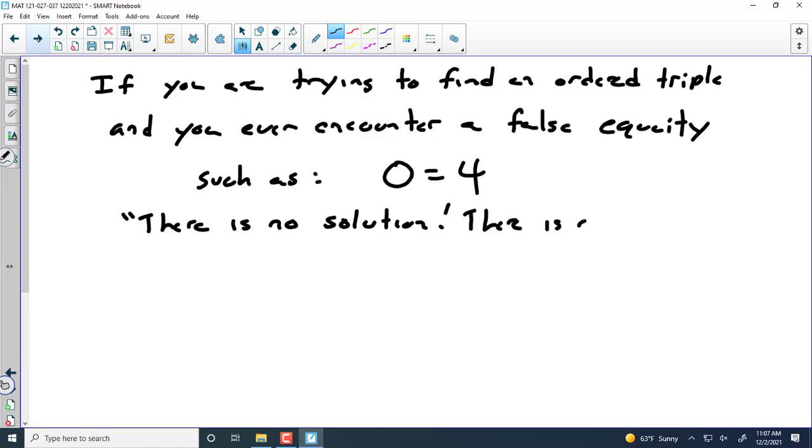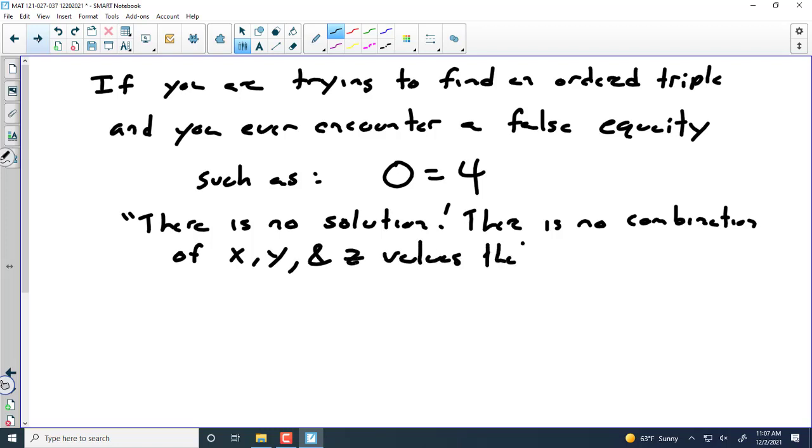There is no combination of x, y, and z values that satisfy all 3 equations.